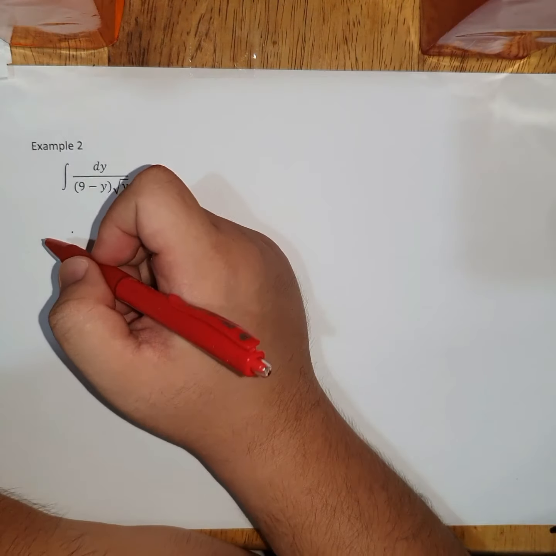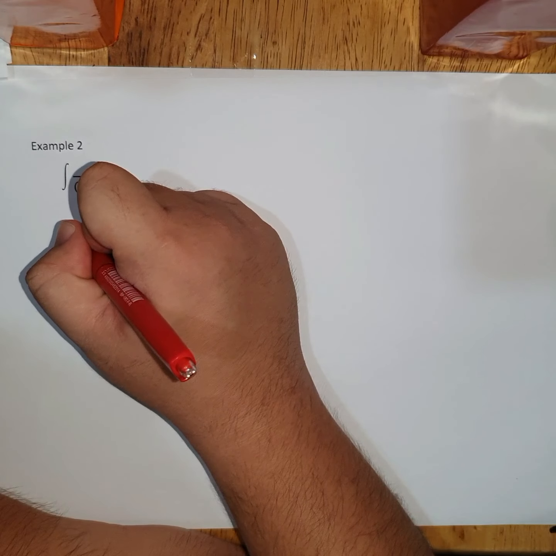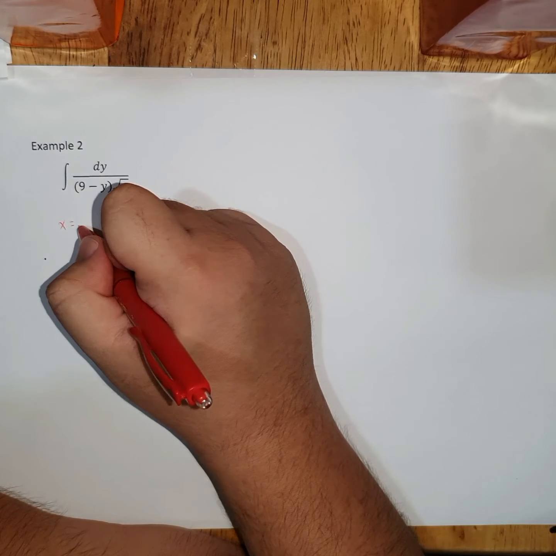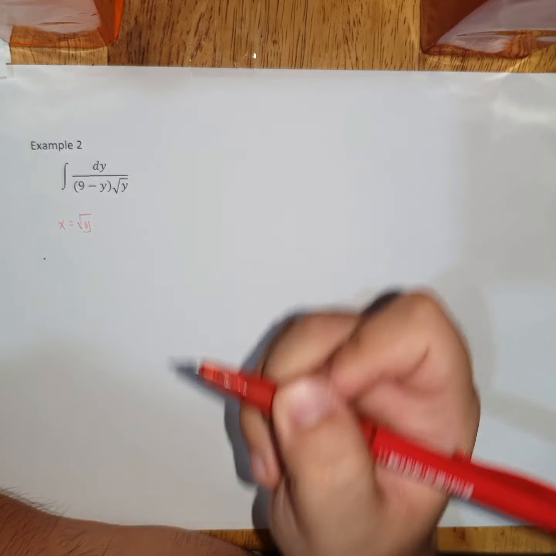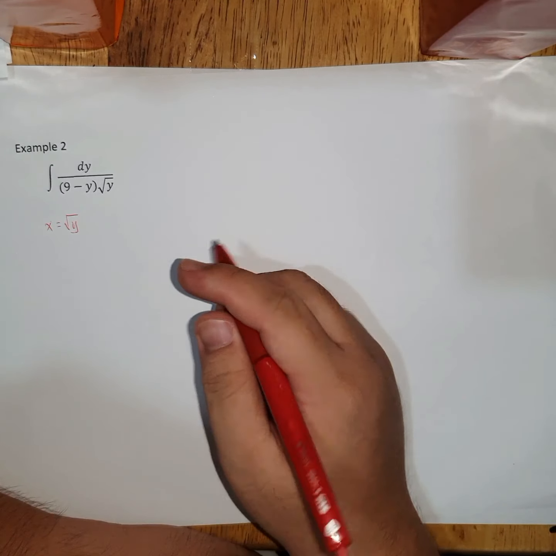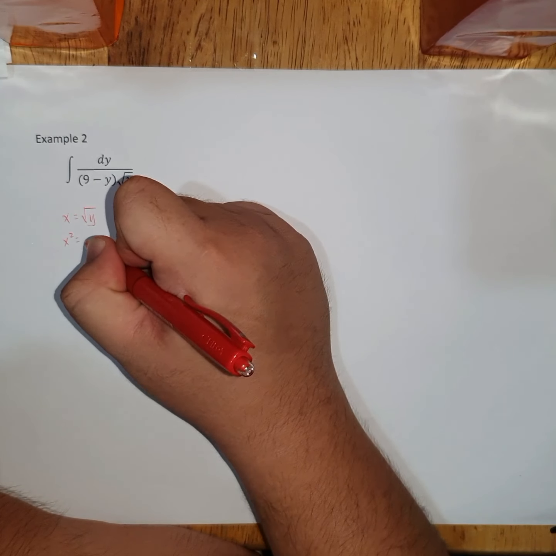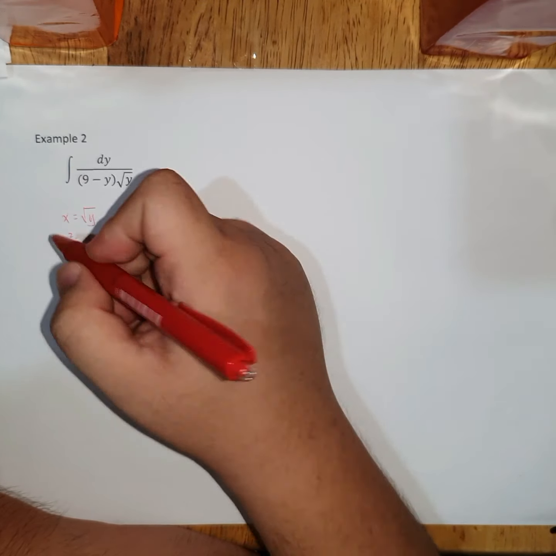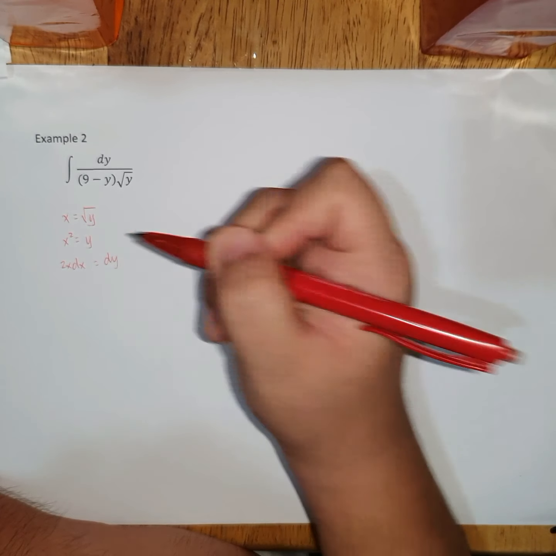So, try natin i-let natin si x is equals to sige, ito, square root of y. Okay? So, base dun sa discussion natin before, itong x squared is equals to y. Then, pag kinuha natin yung derivative niya, this will be 2x dx is equals to dy.